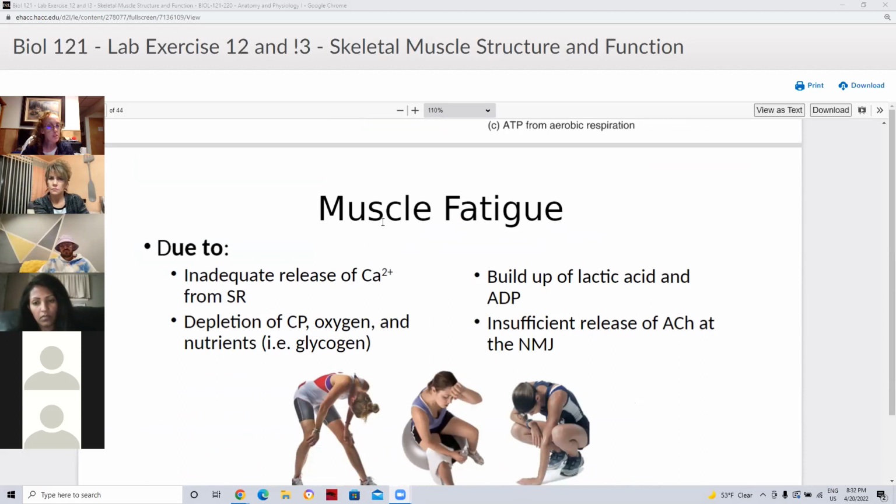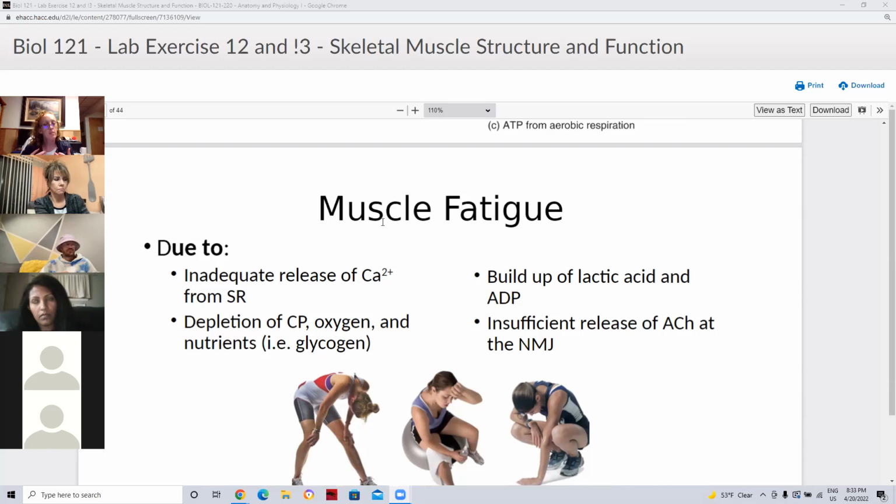Due to muscle fatigue, what is muscle fatigue? A couple of different things can cause muscle fatigue. An inadequate release of calcium from the sarcoplasmic reticulum. Well, the sarcoplasmic reticulum doesn't have infinite stores of calcium.